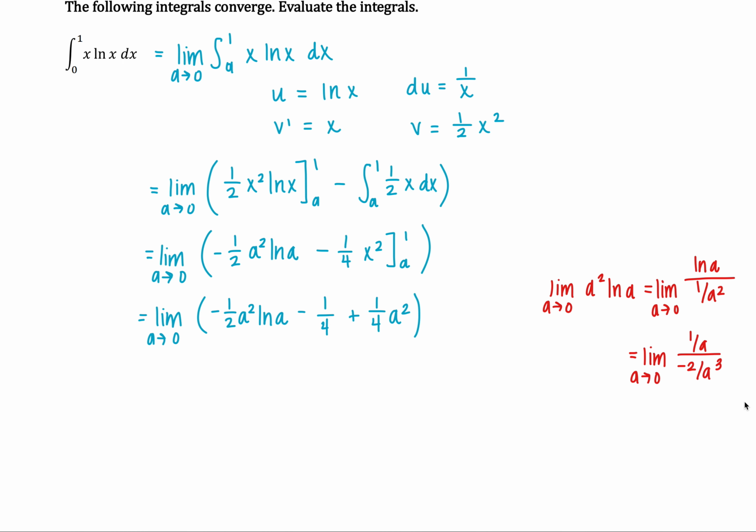And algebraically, if you rewrite this, you're looking at the limit. I apologize, that's my cat in the background. You're looking at the limit as a goes to 0 of negative 1/2 a squared. And as a goes to 0, so does this. Okay, so this is going to go to 0.